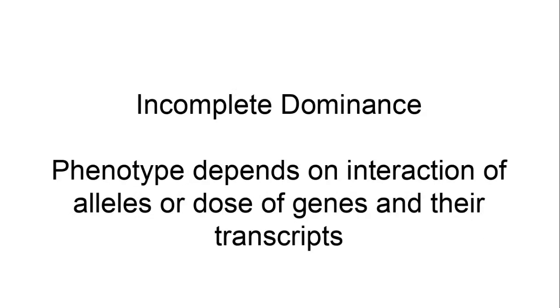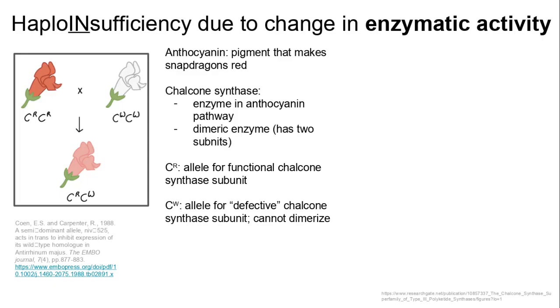Okay, so in incomplete dominance, I stopped at the part where I was telling you about haploinsufficiency, and explaining why having a second allele could either interfere with the action of the functional allele, or you don't have enough of that enzyme to do the job.